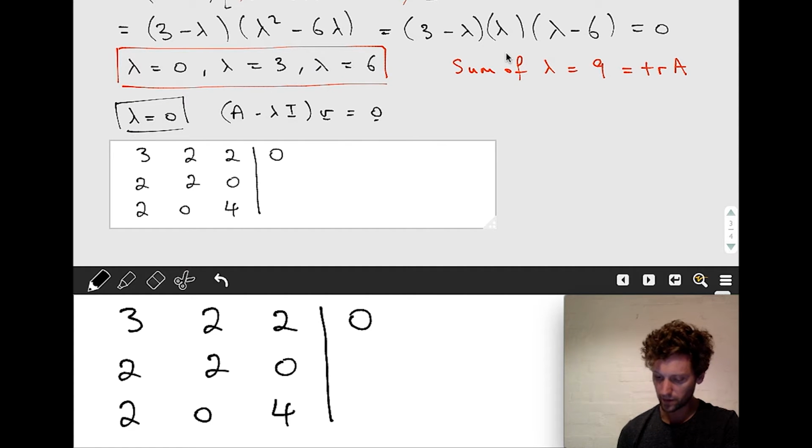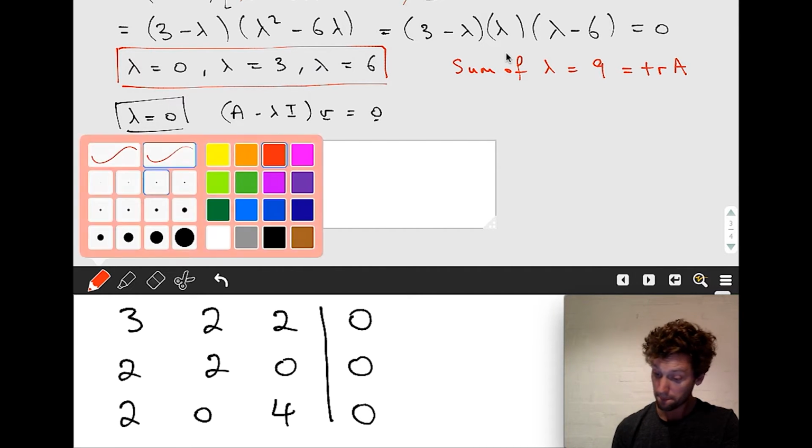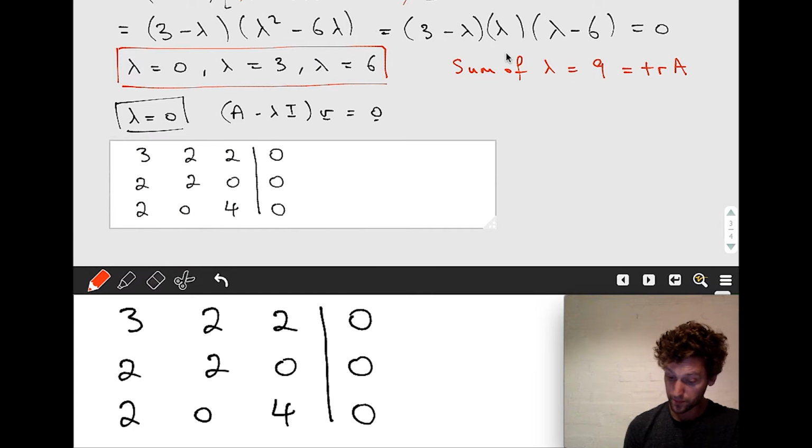We set it up in our neat little form like this. We're trying to find 1's along the diagonal. So what I'm going to do is take row 1, row 2, and row 3.